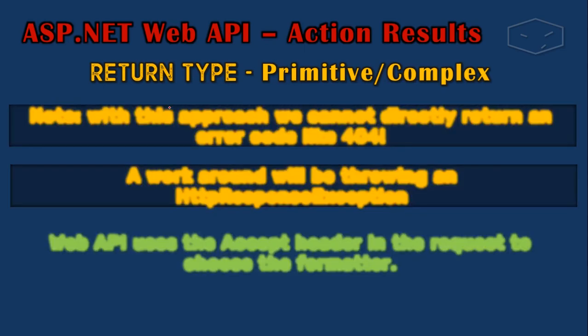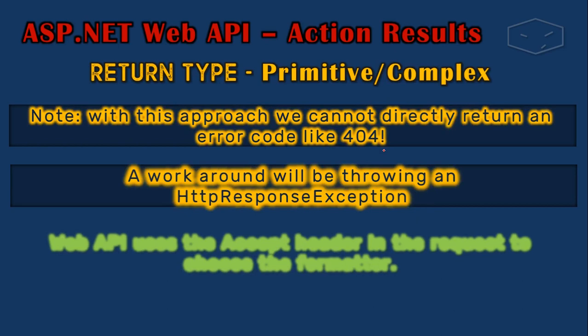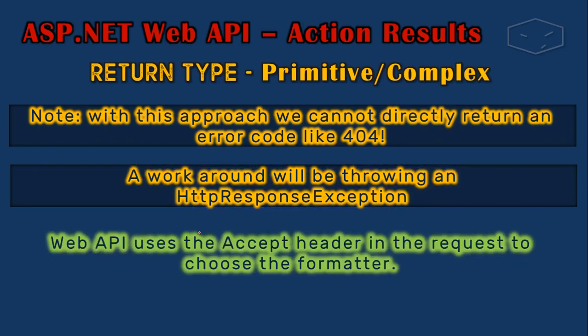This return type, primitive or complex, has a problem. It cannot directly return error codes like 404, and a workaround for this problem is throwing an exception like HttpResponseException. Back to the properties, it will use the accept header in the request to choose the formatter.